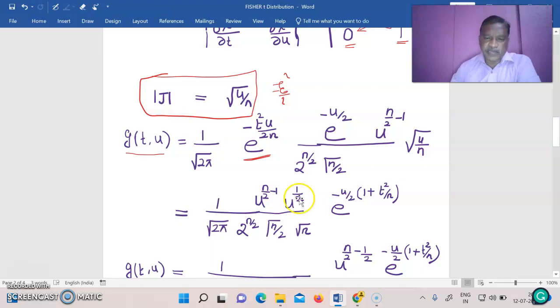Again multiplied with e power minus chi-square by 2 from the previous step, where chi-square is replaced by u. Then chi-square power n by 2 minus 1, with chi-square replaced by u, divided by 2 power n by 2 gamma n by 2, the constant term as in the previous step, multiplied with the Jacobian transformation value square root of u divided by n.